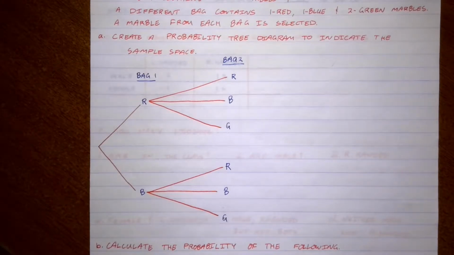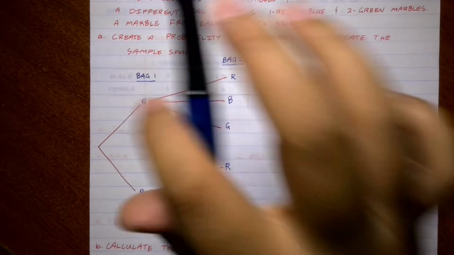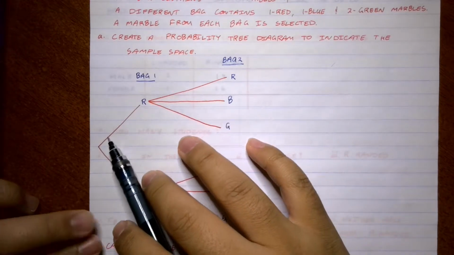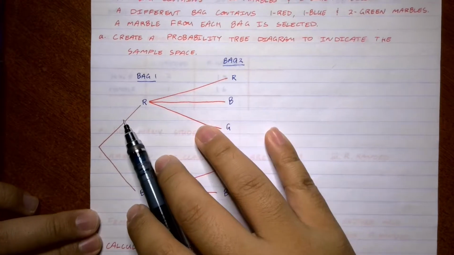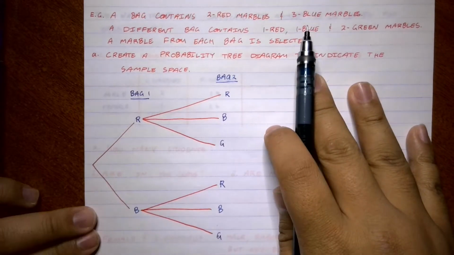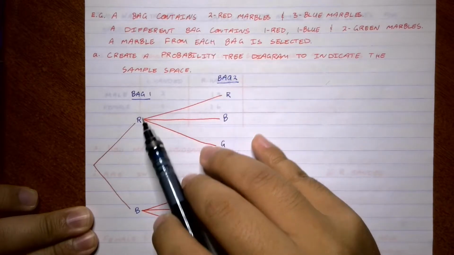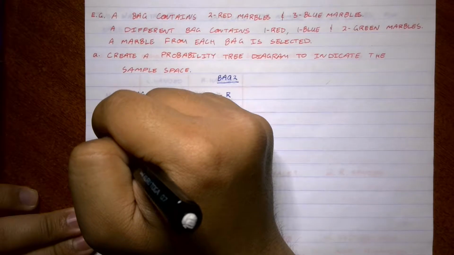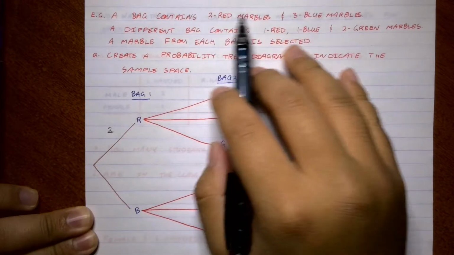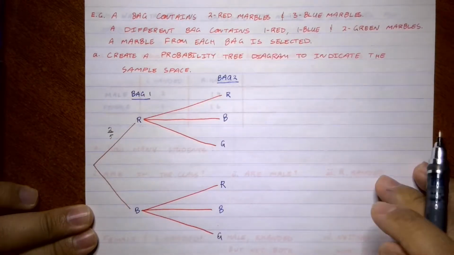Okay, but now here's where it changes from a regular tree diagram. We're going to include along the branches the probability of that particular outcome in that experiment. By that we mean the first bag has 2 red marbles, that's 2, out of a total of 2 and 3 in the first bag, which is 5.